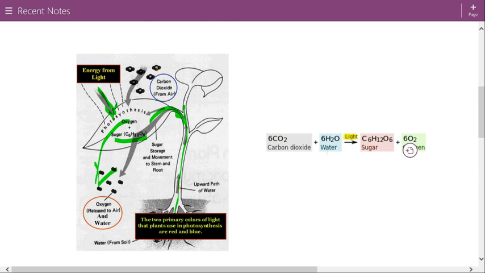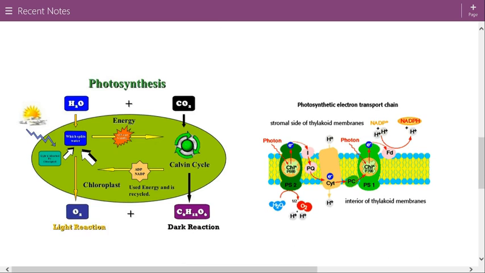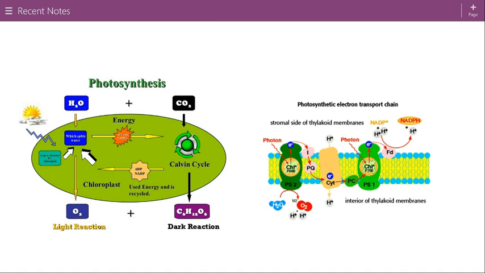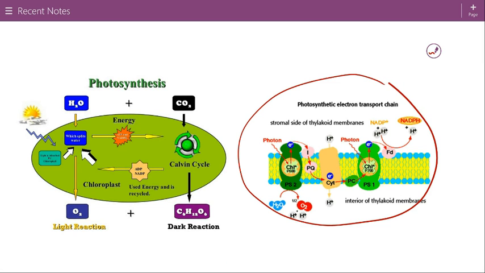All right, so now how does this happen? We've got these 2 diagrams over here. This one goes through the light reaction, or the light-dependent reaction, and then we've got the Calvin cycle, or the dark reaction, or the light-independent reaction that we'll talk about next time.